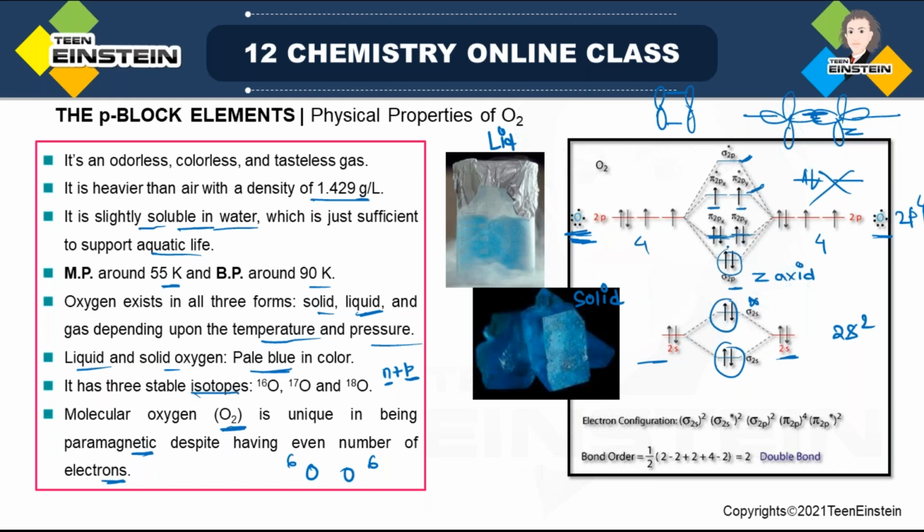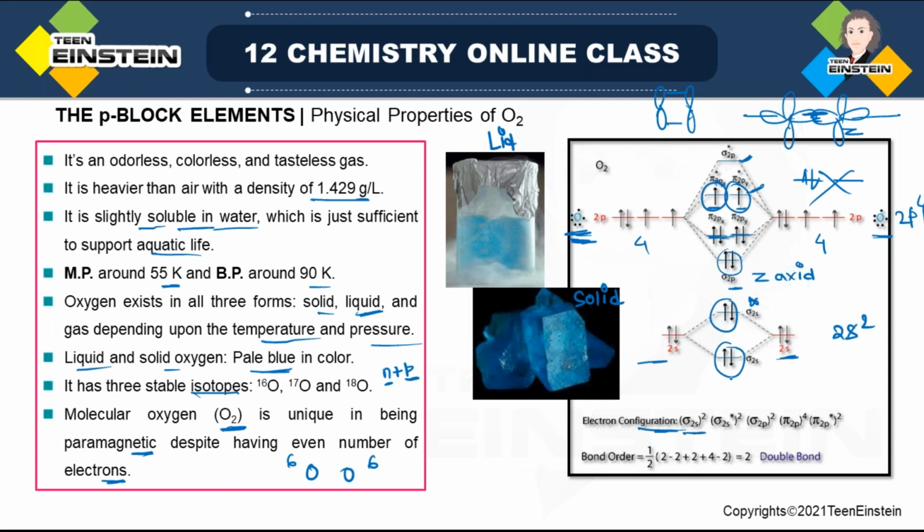First you place 1 electron each, then there will be pairing, but you do not have any more electrons, so pairing is not possible. So you have 2 unpaired electrons, and these 2 unpaired electrons are the actual reason why oxygen is paramagnetic.